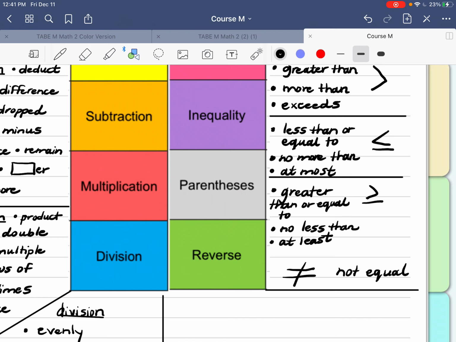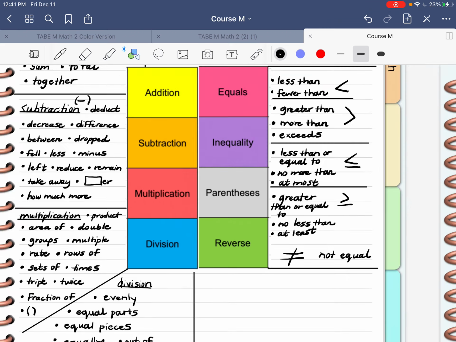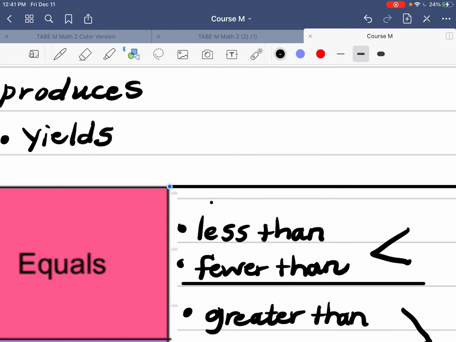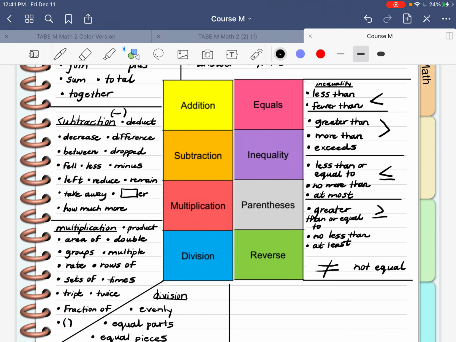So all of those go in that purple door of inequalities. And I guess I need to put that in here, don't I? Okay.